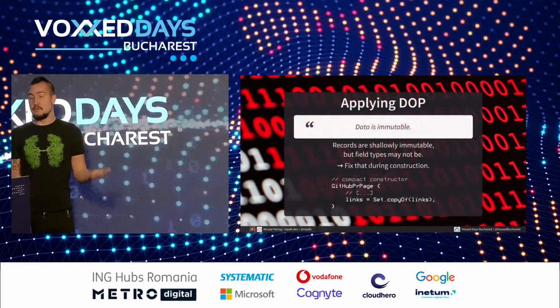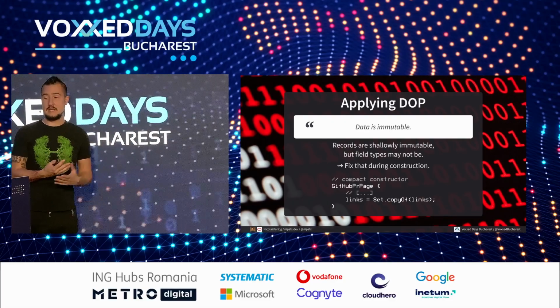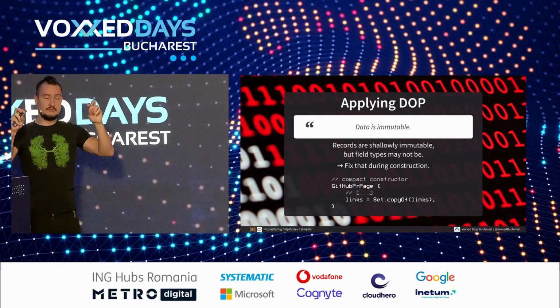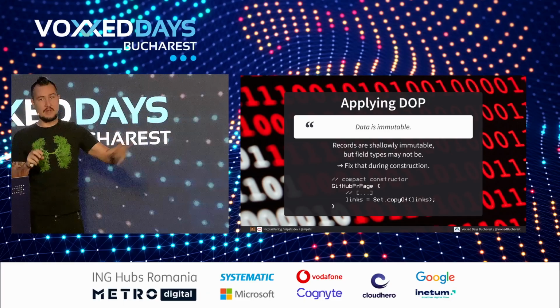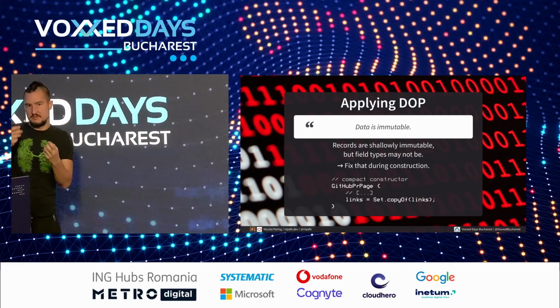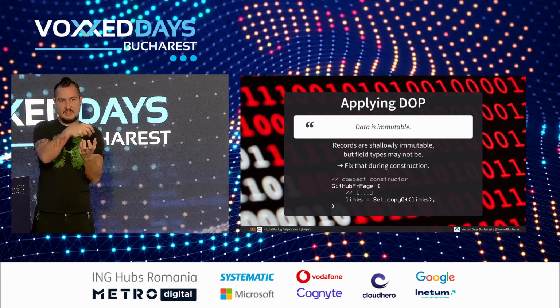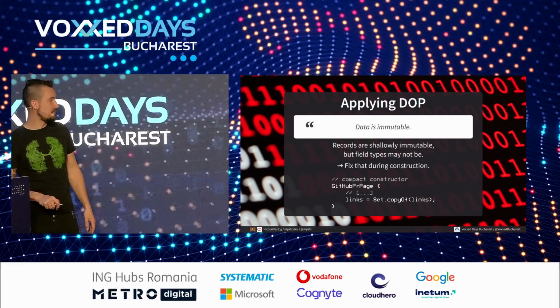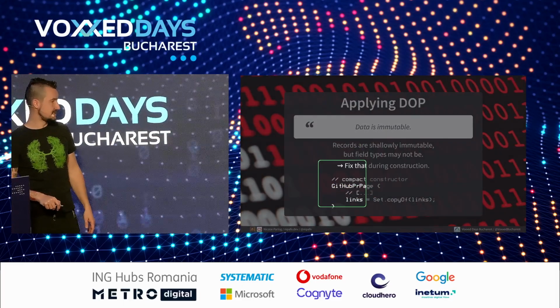Okay, now data-oriented programming also said one of the guidelines, data is immutable. So records are already shallowly immutable, meaning the fields are final. You cannot reassign them, but the types that you put in there might not be immutable, right? So for example, the GitHub page has a set of links. That's a set of page.